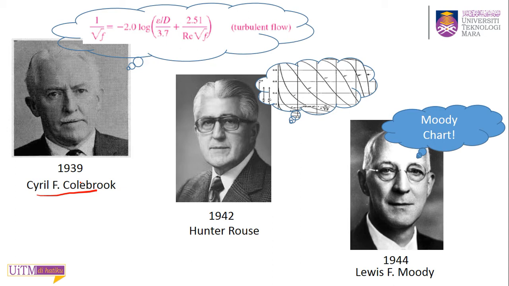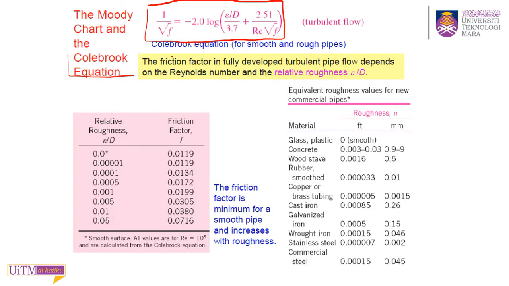He introduced that equation, and that's why it is named after him, the Colebrook equation, to find your friction factor from this long equation. So for turbulent flow, you can find your f through this equation.